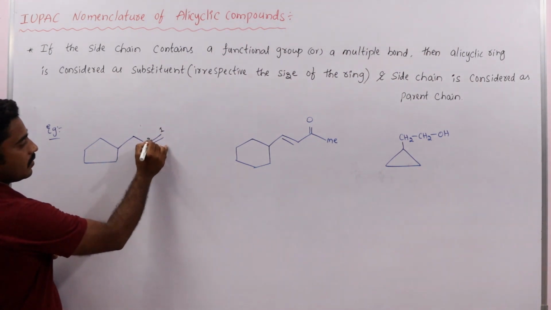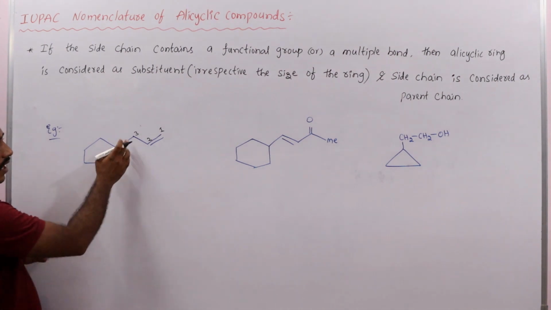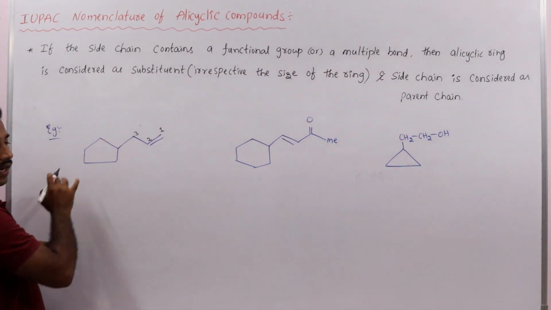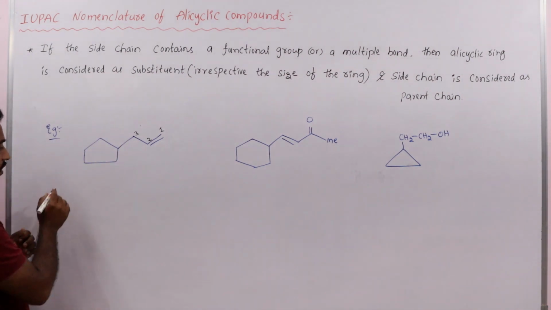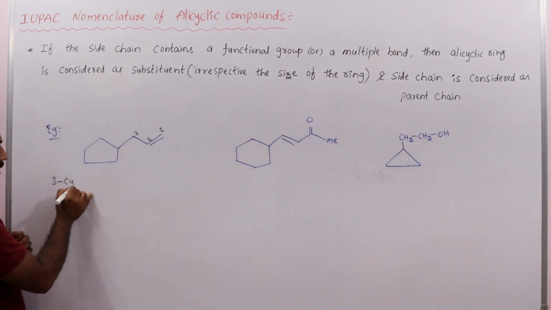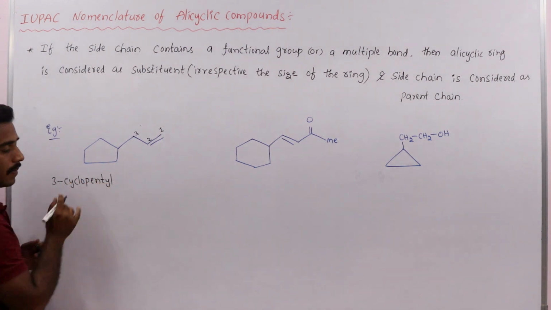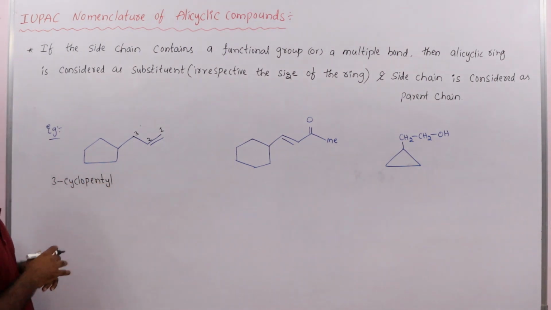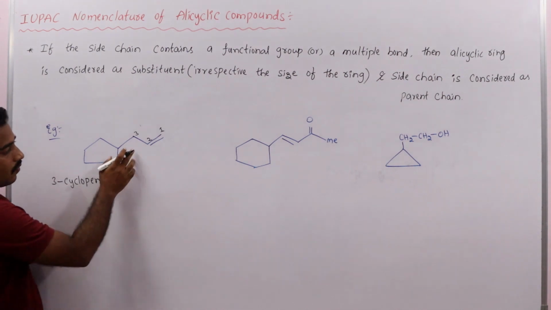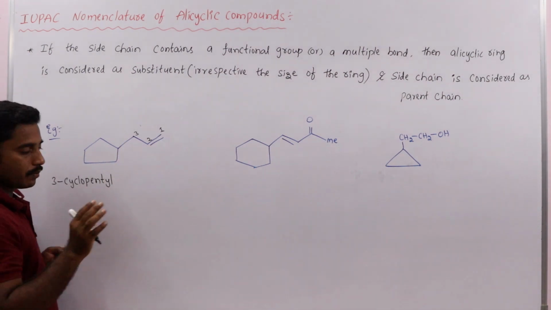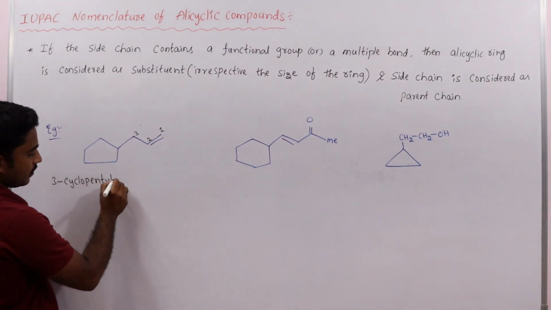Here 1, here 2, here 3. At the third position one cyclopentyl group is there. So write the substituent first: 3-cyclopentyl. What is the root word here? Prop, because 3 carbons.